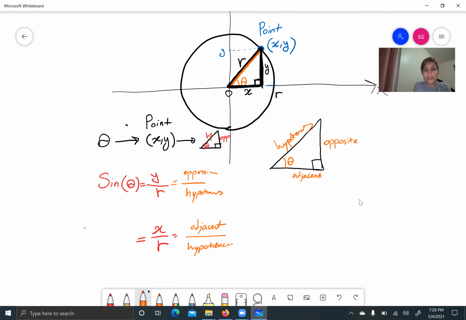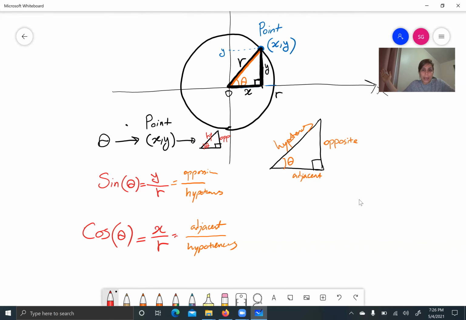And then we just name it as cosine. We say this is the cosine function, cosine of the angle theta. That's it. We just defined the first two basic trig functions, sine and cosine.